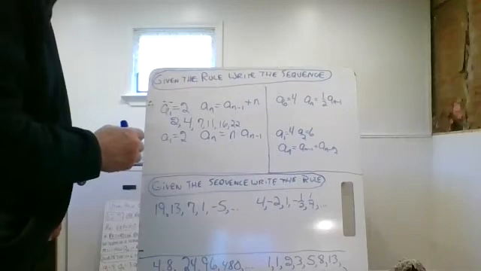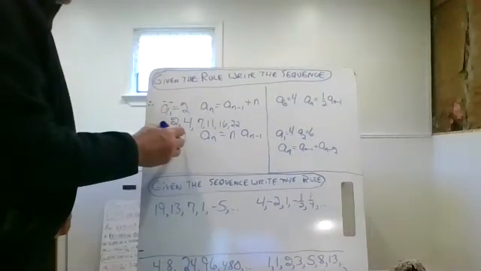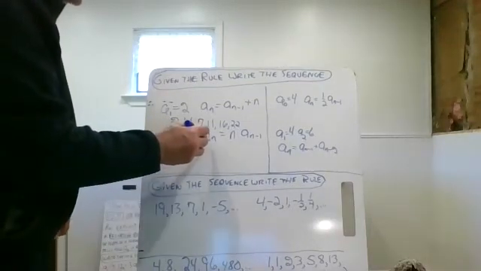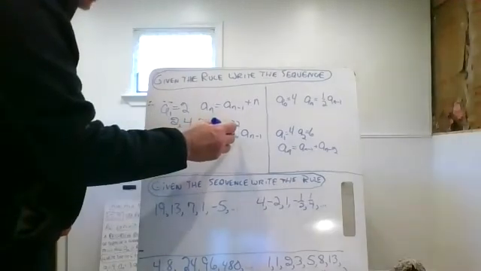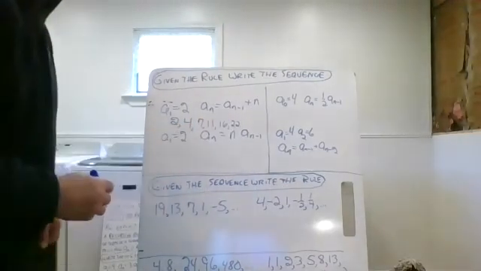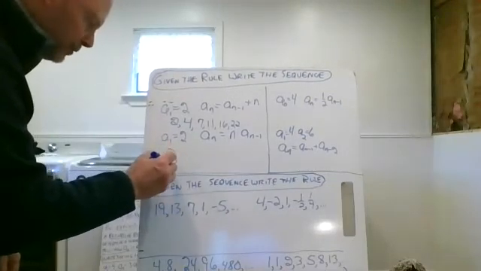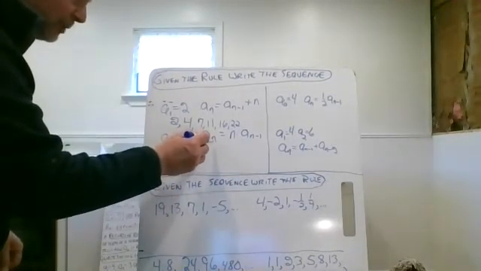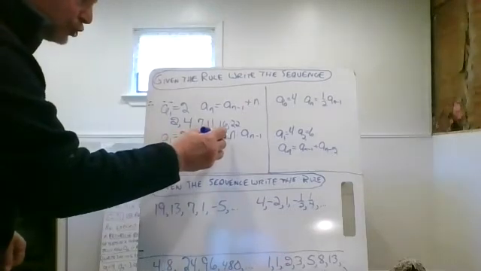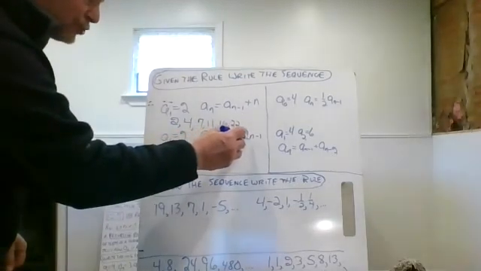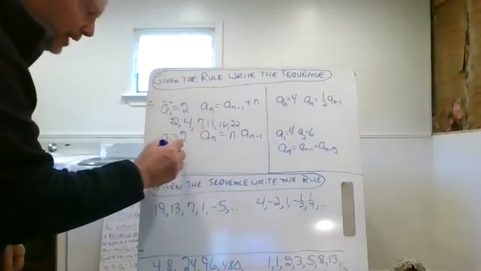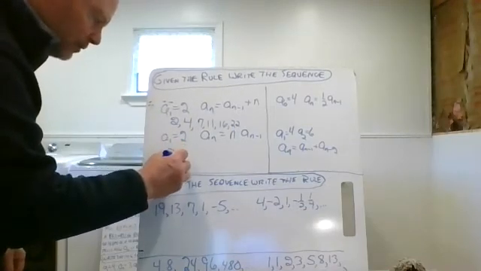Okay, next one here. A sub 1 is 2. A sub n is n times a sub n minus 1. So the first term is 2. Your second term, a sub 2, is 2 times your first term. So 2 times 2, 4.